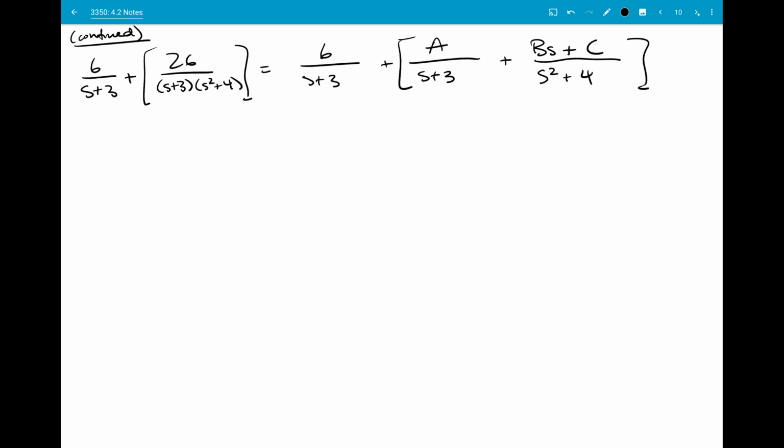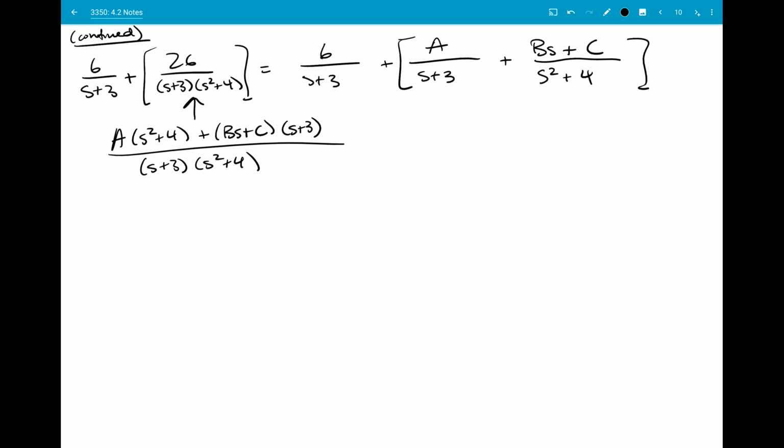So what that means is that when we take this sum right here, we would have A times s squared plus 4 plus Bs plus C times s plus 3, all over s plus 3 times s squared plus 4. And we want that to be the same as 26 over s plus 3 times s squared plus 4.